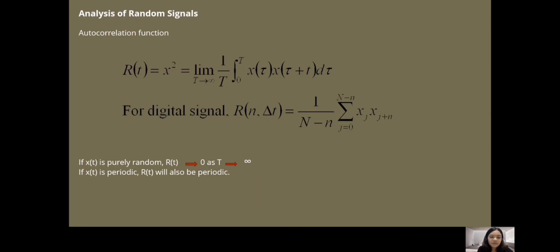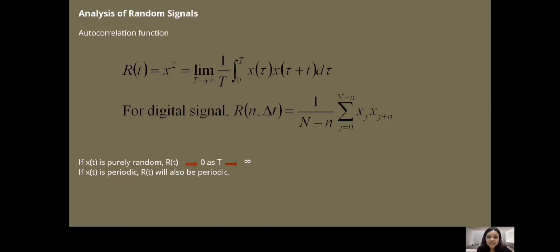We also have another equation for the autocorrelation function. So the equation of the autocorrelation function is R sub x of tau is equal to the limit of 1 over T as T approaches infinity, the integral of T to 0, x of t times x of t plus tau dt.